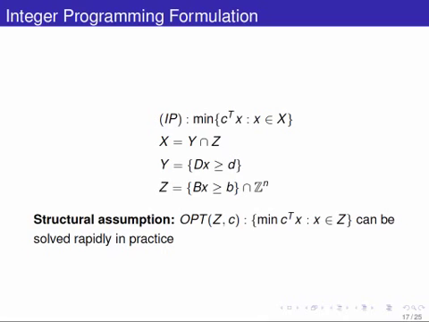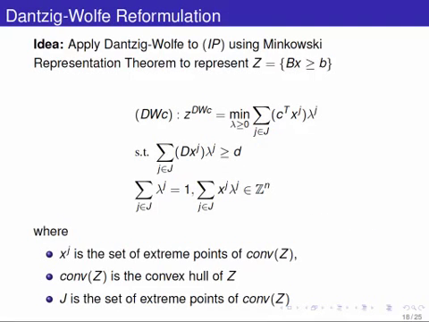We're going to break up this problem into pieces using Dantzig-Wolfe. So this is how we're going to do it. We're going to apply Minkowski. We're going to think of this polyhedron over here, which is the easy polyhedron, capital Z. And here there's a typo.